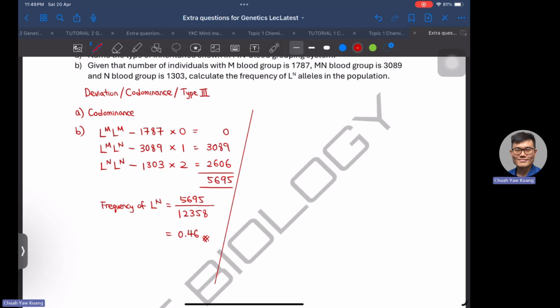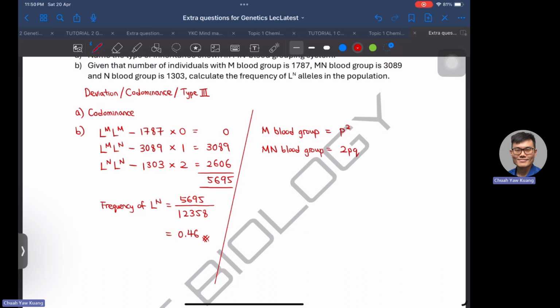Okay, so this is what we will do. For those M blood group, that means the LMLM, for the M blood group, we will consider them as the P square. For those MN blood group individual, the frequency, we will consider them as the 2PQ because they are heterozygous.